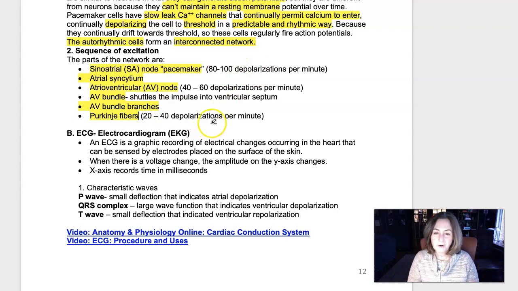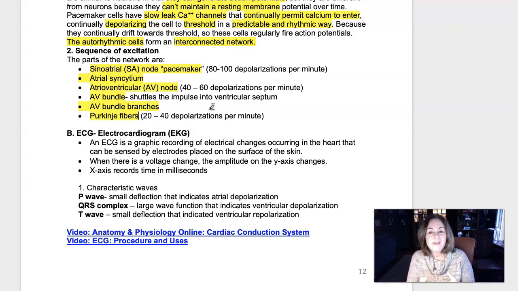I made a note here about the intrinsic rate of depolarization, and you can see it's different in different areas. In other words, you could dissect out the SA node and put it in a petri dish, dissect out the AV node and put that in a separate petri dish, and dissect out the Purkinje fibers and put that in a petri dish.